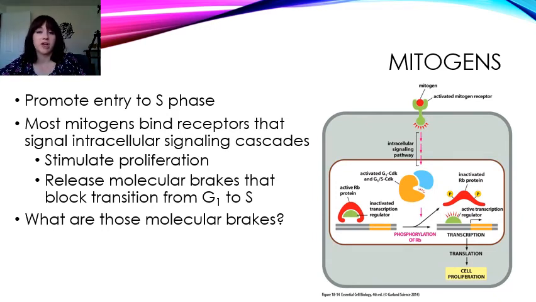This is one of those checkpoint proteins, a regulator. We have G1 and G1/S CDKs that, when they become active, allow the cell to leave G1 and enter S phase. And the way this works, as we've learned before, is an extracellular signal will bind outside the cell to a receptor that will cause a signaling pathway that will ultimately activate these CDKs, which are important for progression into S phase.